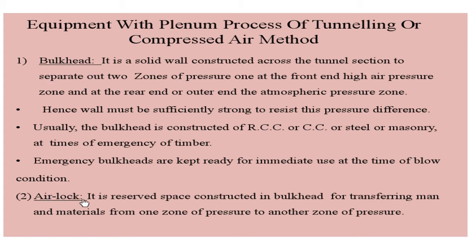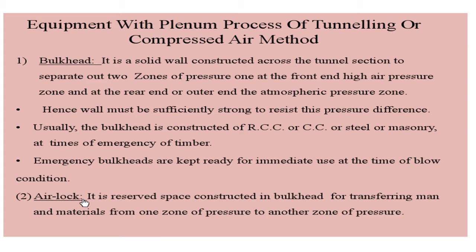Bulkhead means it is a solid wall which is constructed across the tunnel section. You know how the tunnel section will be like. Here, in order to separate the tunnel section, a solid wall is there, and on one side you will be having a higher pressure zone, and at the outer end you will be having an atmospheric pressure zone.